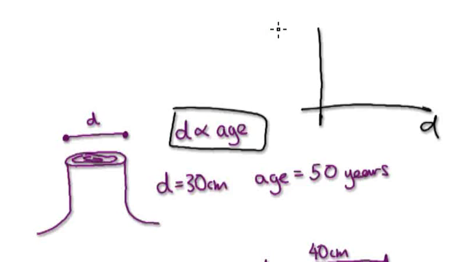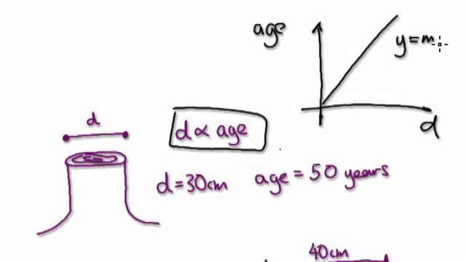Diameter here, and age of a tree here. I know it's going to be a straight line relationship like this. So it's a straight line, y equals mx plus c, but in this case, c is 0. That's why we forget about the c here.